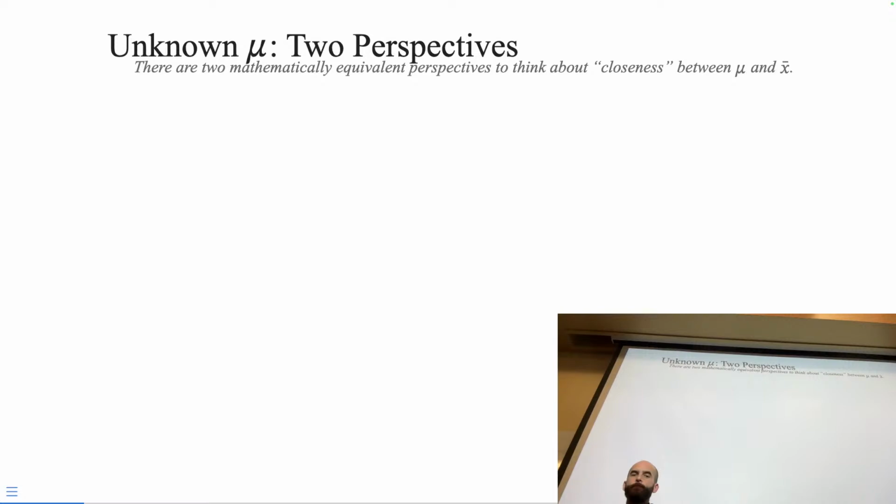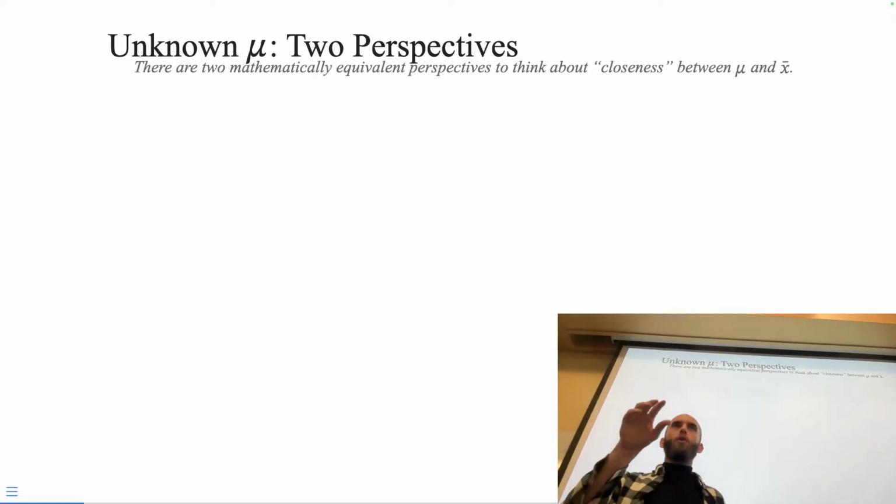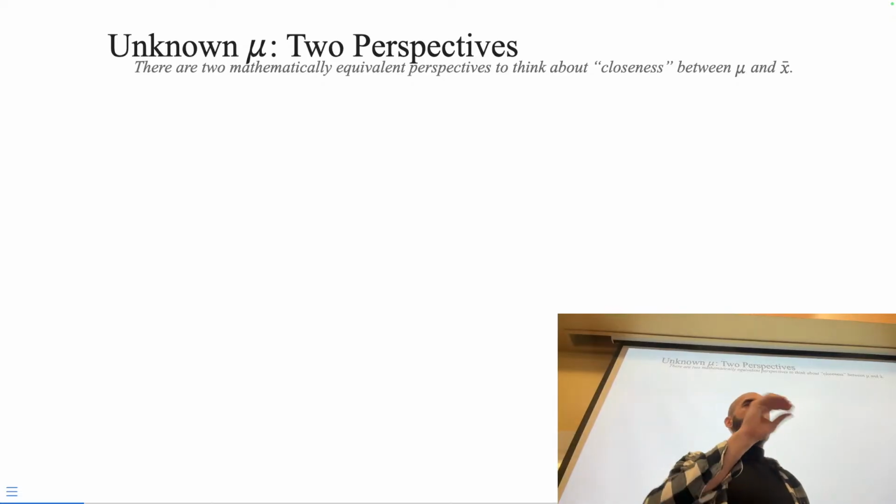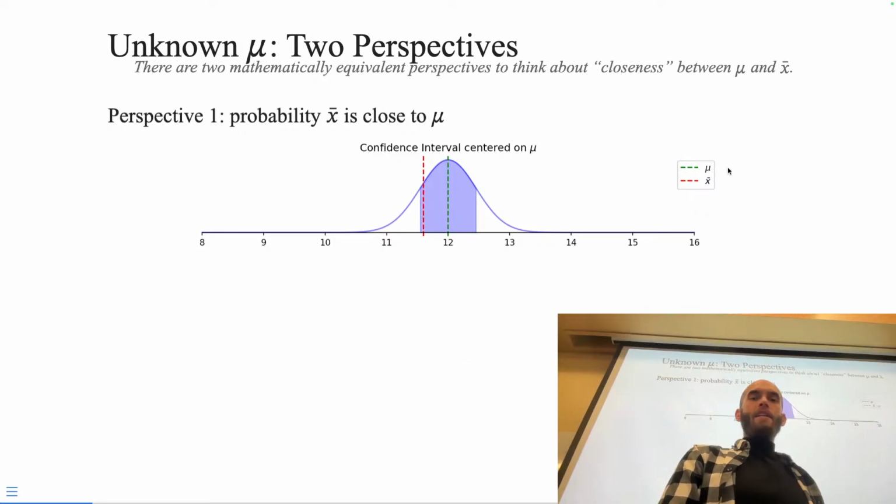The first one is what we've done so far. When we rolled a bunch of dice, the distribution of the sample means was centered on the truth. So anytime we draw a sample and calculate its mean, using confidence intervals, we can find how far away that x bar is from the truth.